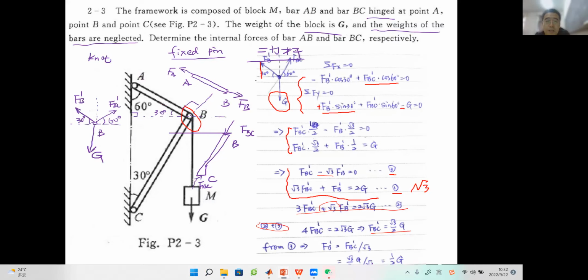So now I can show you guys the final results. You see, this one is almost the same, right? It is a concurrent force system in the state of balance. So we just need to use the equilibrium condition twice. The first condition is sigma Fx equals 0.